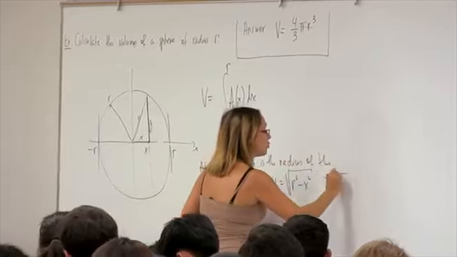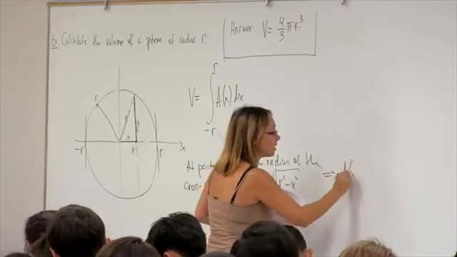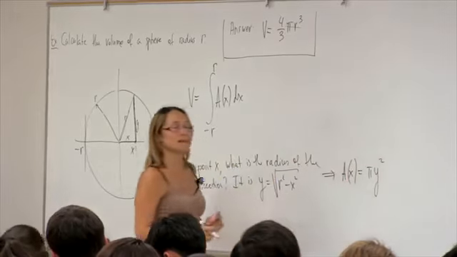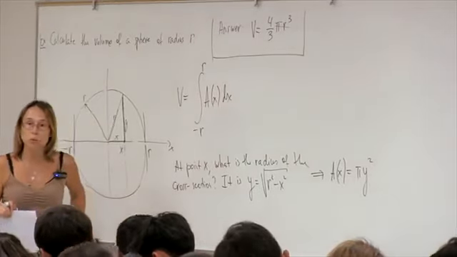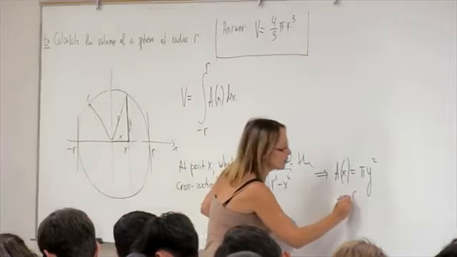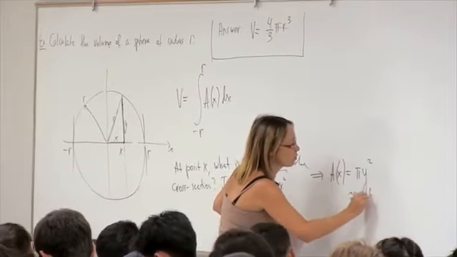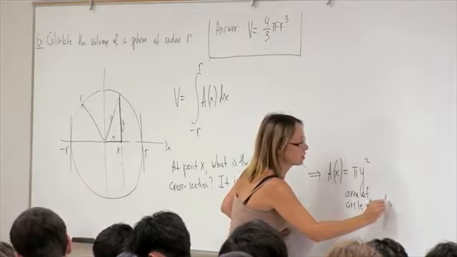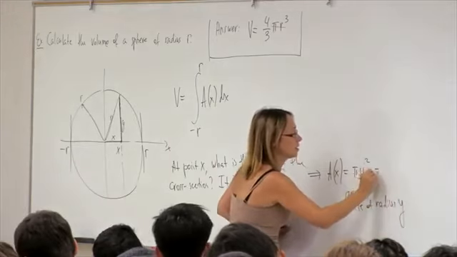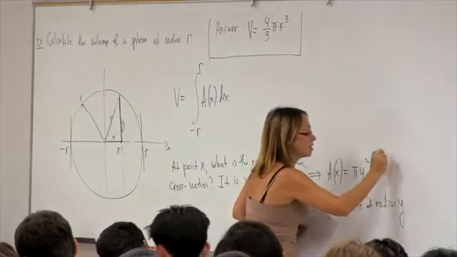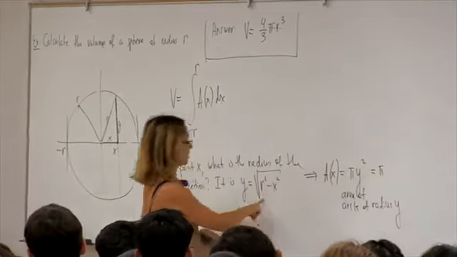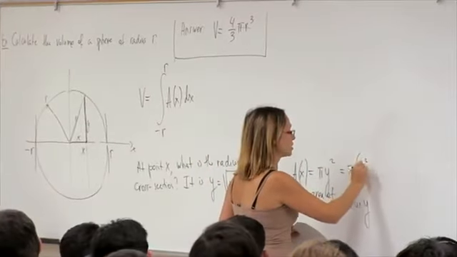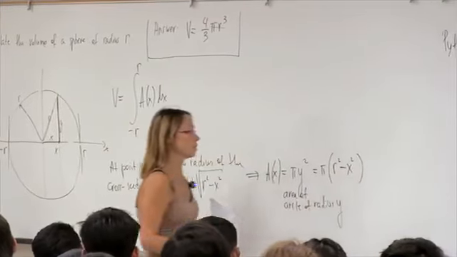So therefore, I can calculate A(x). That's pi y squared, the area of a circle of radius y. So it's pi times the square of the square root of r squared minus x squared.